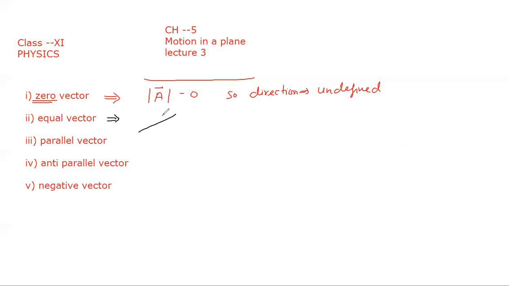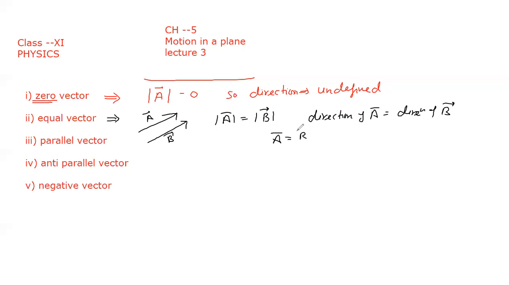Like vector A is in this direction and vector B is also in this direction, and vector A's magnitude is equal to vector B's magnitude, and direction of A equals direction of B. So in this case, vectors A and B are called equal vectors. Vector A equals vector B.